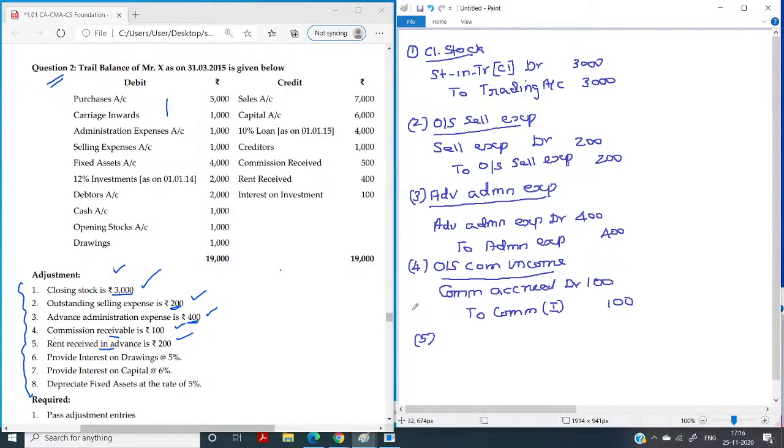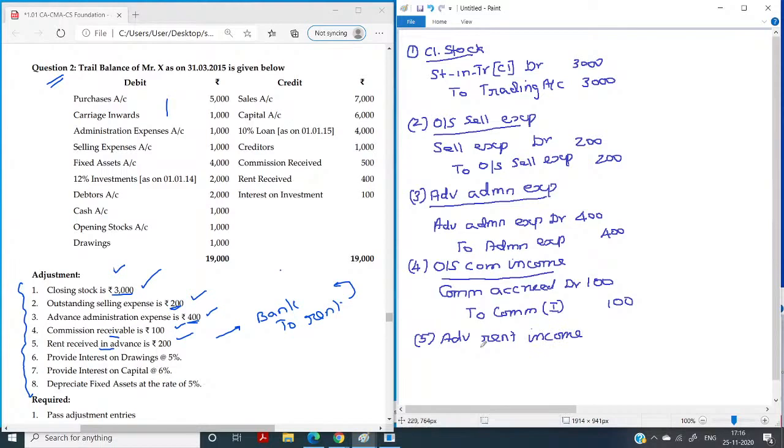Here, rent. If you are receiving rent, the entry will be bank account debit to rent. But in this illustration, we have received in advance, right? So then that rent should be reversed. So, advance rent income or rent received in advance.